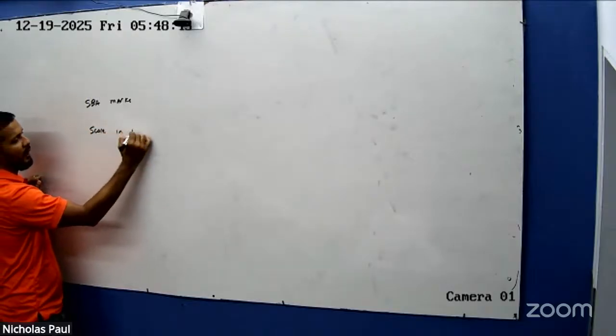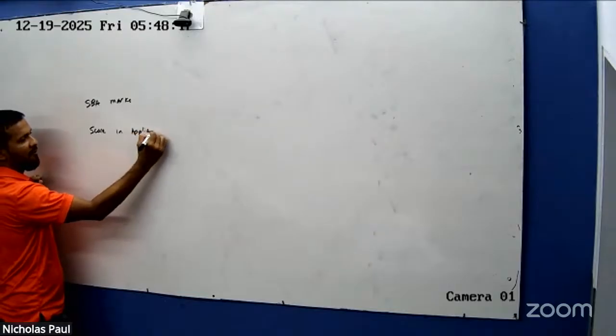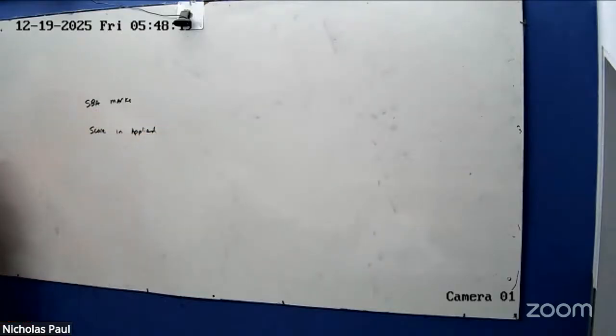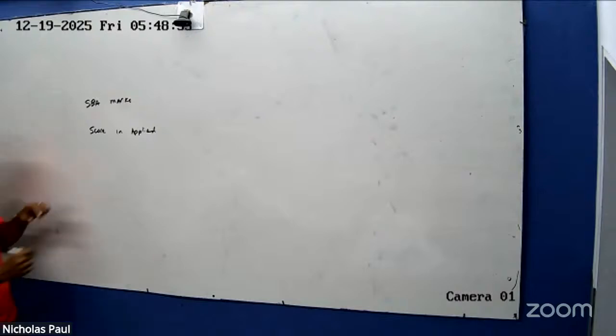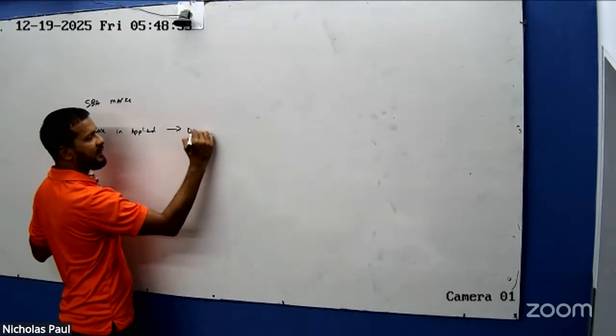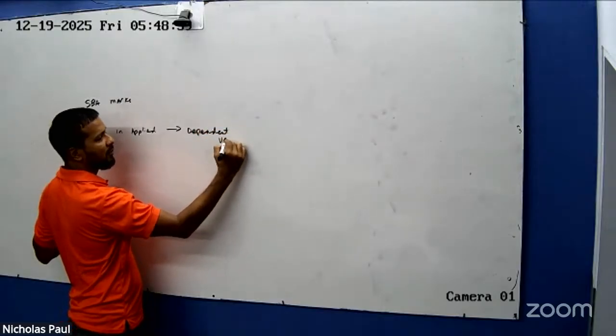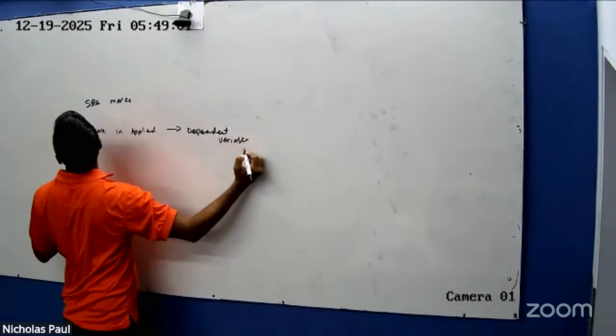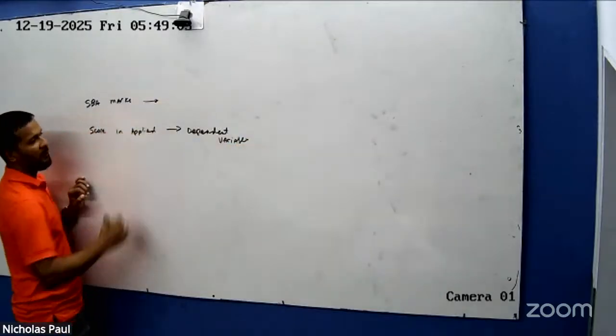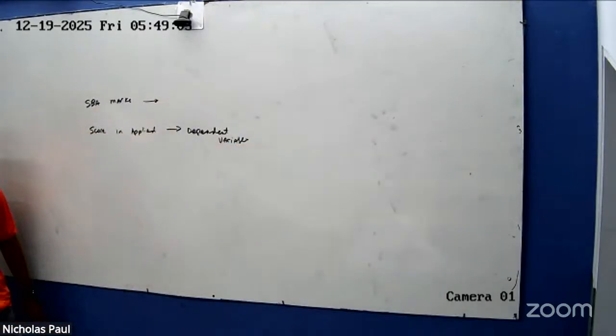Score in Applied. If I want to investigate this, which one is the dependent variable? The score. So the score is the dependent variable, and the SBA marks is the independent variable.